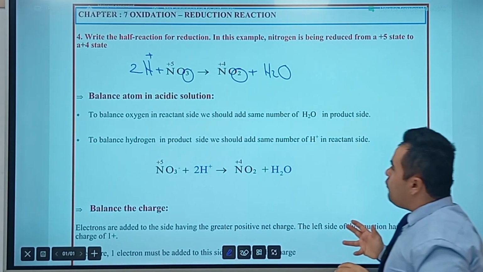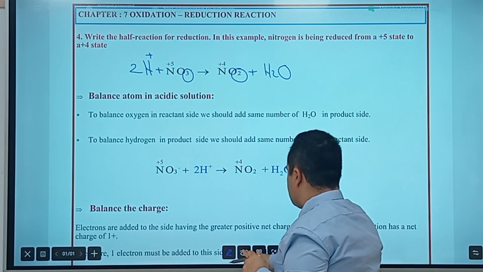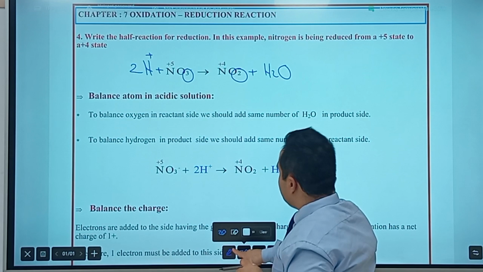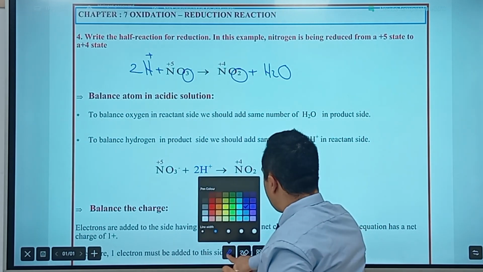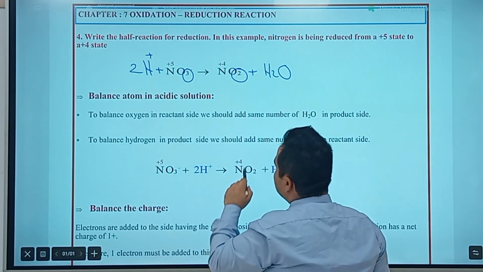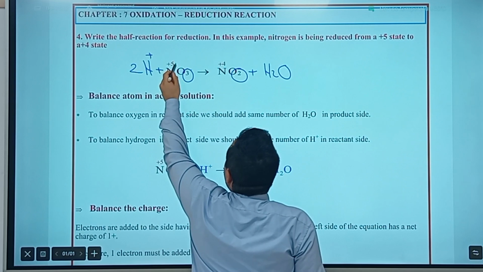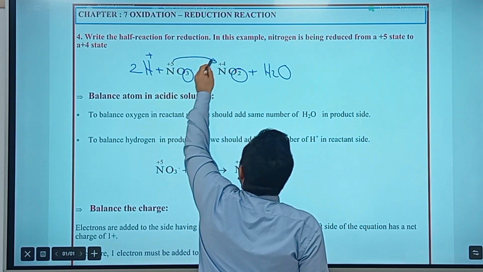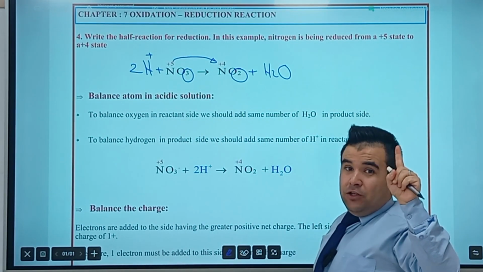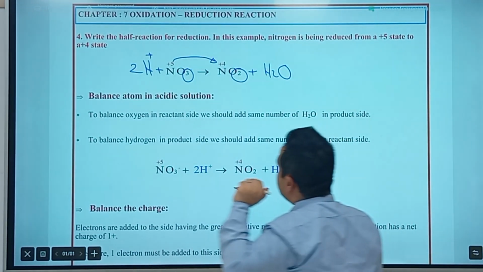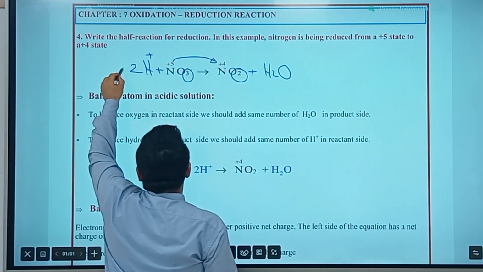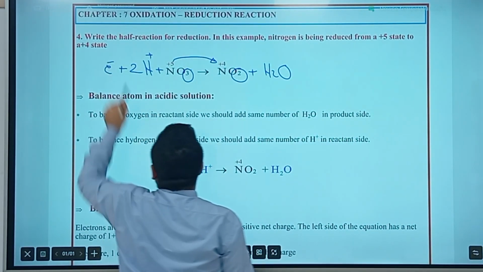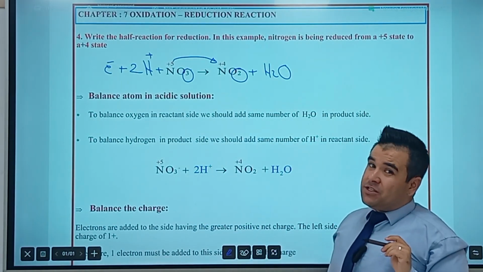How about in terms of the charges, guys? Let me show you how to balance the charge. From 5 to 4 is 1 unit. What do we have to add to the reactant? 1 electron. Why in the reactant? Because it's reduction.